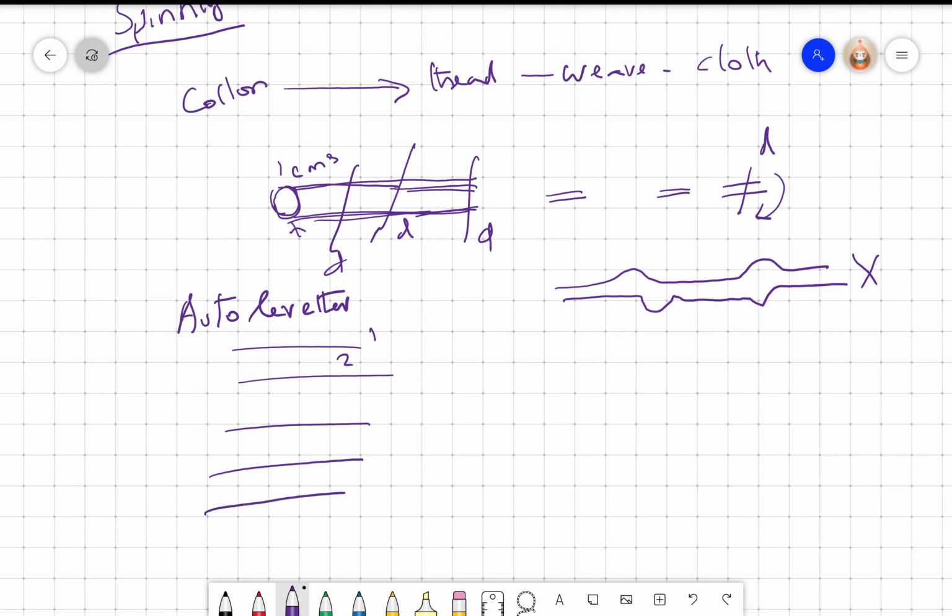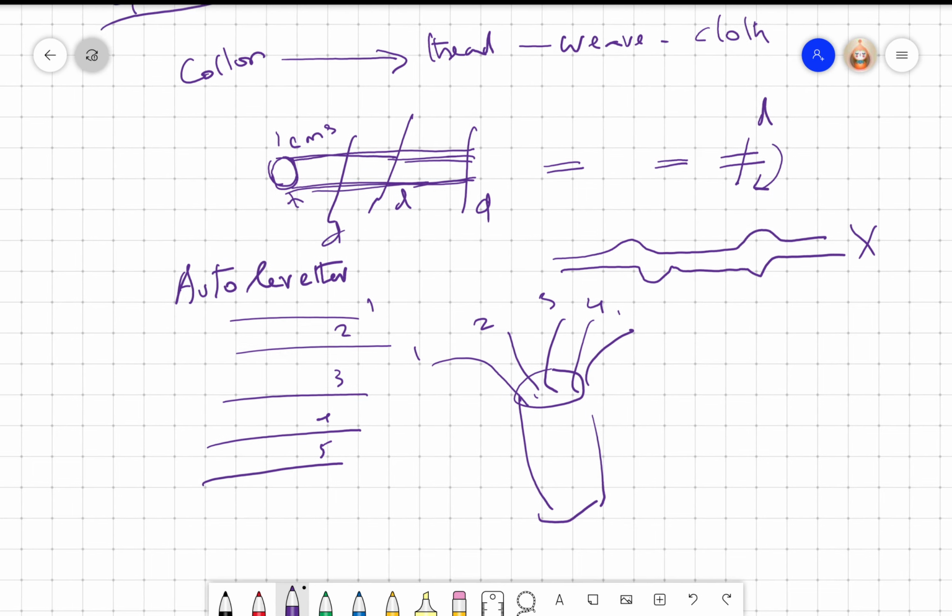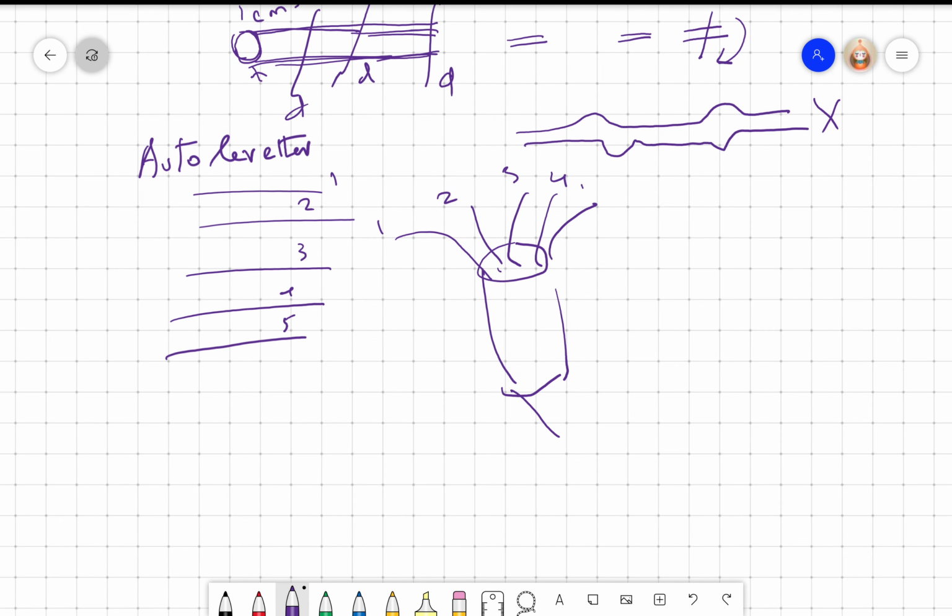Let's say 1, 2, 3, 4, 5, five preforms, and then put all of them together in a longish tube and squeeze it to draw one particular diameter, right? The idea is these auto levelers have either 4, 8, 16 as inputs and then only one output, right?